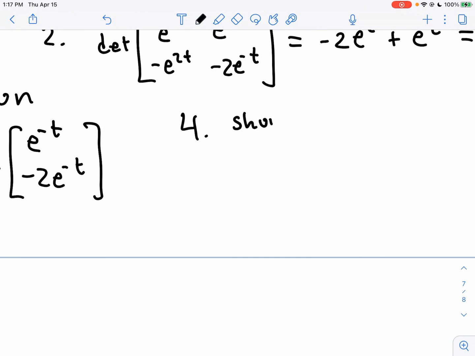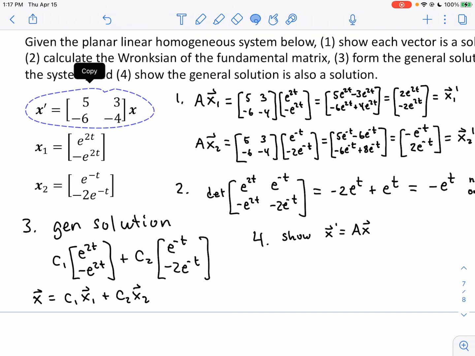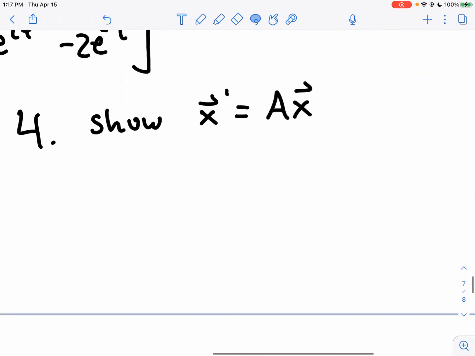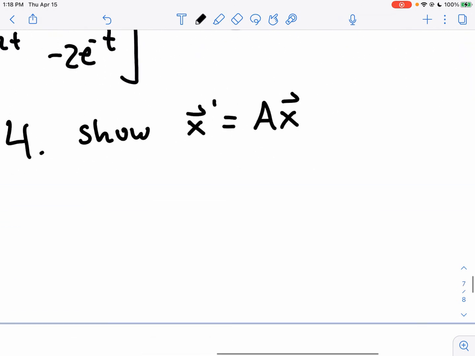So we want to show that x vector prime will give us A times x vector. That'll show that this statement here is true. So we're going to replace x vector with the general solution, C1 x vector 1 plus C2 x vector 2.